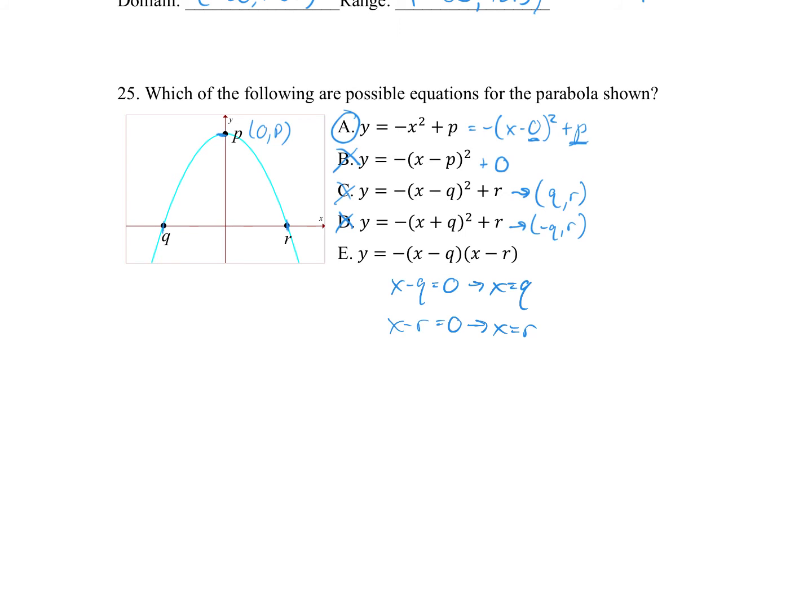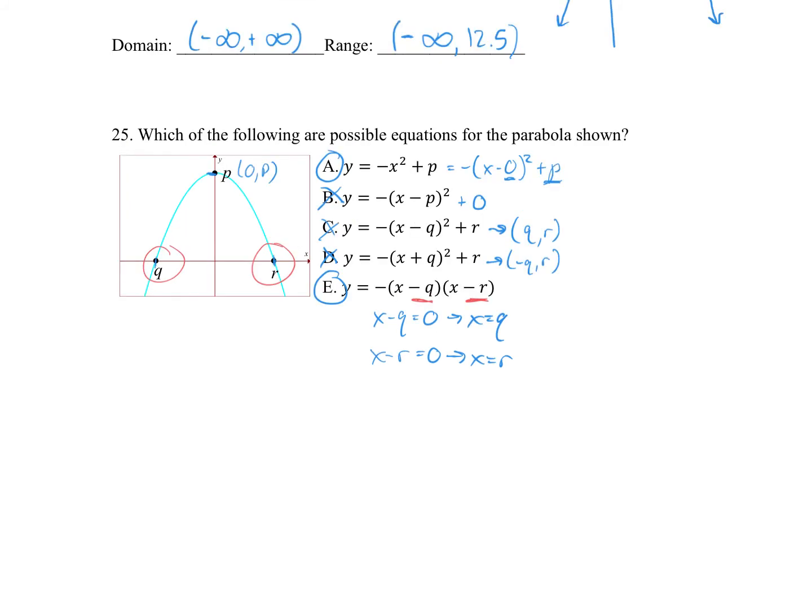So these are actually our zeros of the function. Because we have these two binomials based on the zeros of the function multiplied together, and then the negative out front to make it an upside down parabola, we can actually include E as a possible solution as well. So for question 25, options A and B are possible equations for the parabola shown.